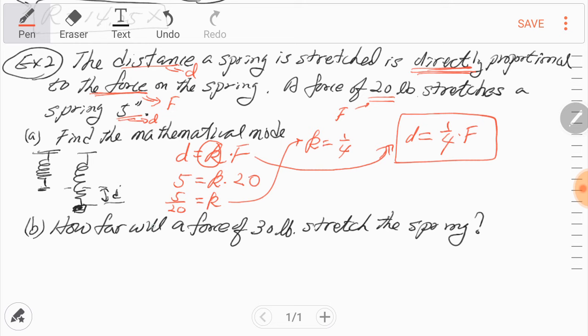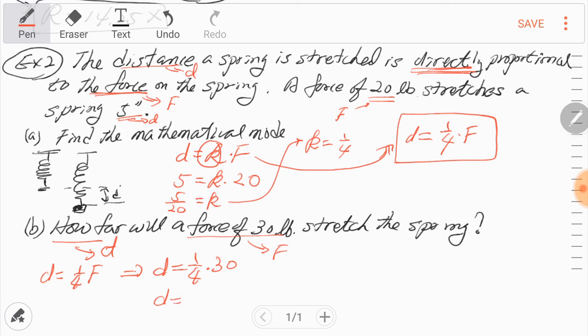And part B asks how far will a force of 30 pounds stretch the spring? If 30 pounds is applied, how far will the spring stretch? What is the distance? Since we have the equation d equals 1/4 times f, let's plug in 30: d is equal to 1/4 times 30.